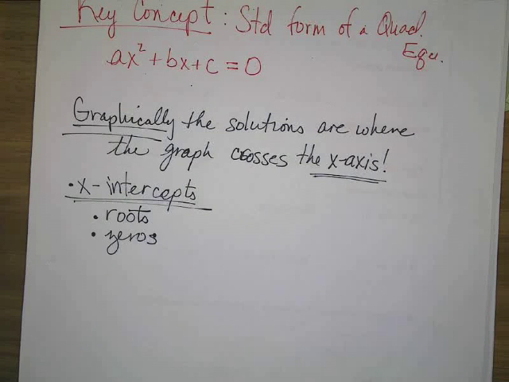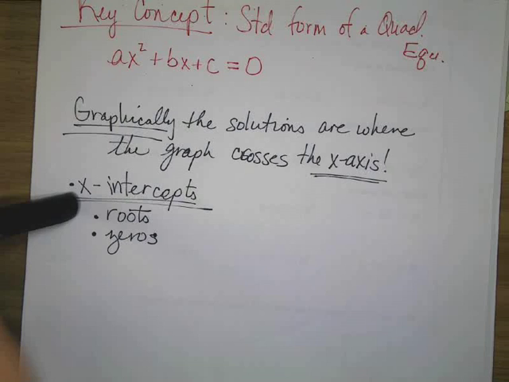You're finding out when the function equals 0. If you want to find the roots, you want to know where it equals 0. If you want to find the zeros, it's where the thing equals 0. The x-intercept, graphically, is where the equation equals 0. All these things mean equal 0. Find what makes them equal 0.